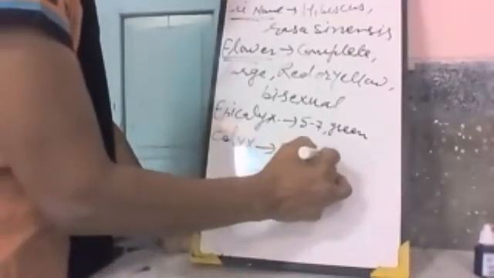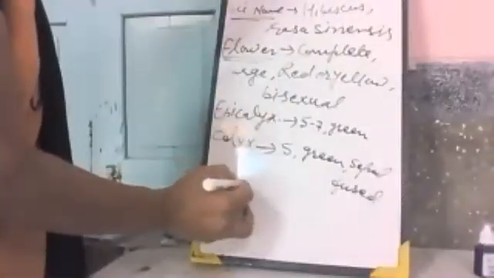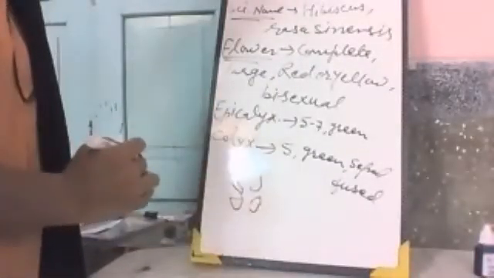Calyx is 5 green colored sepals. They are 5 in number, green in color. Sepals are fused. Here the word fused is coming. See, in the sarson plant, they are free. But here they are attached.